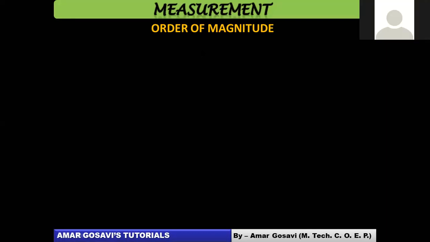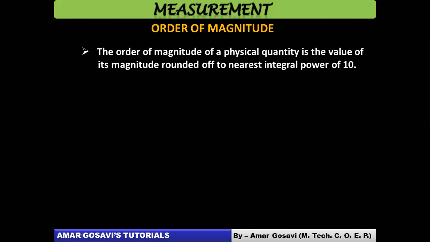So when I say order of magnitude, it means it's the value basically. Order of magnitude of a physical quantity is the value of its magnitude, which is rounded off to the nearest integral power of 10. Now, looking at the statement, it really becomes tricky for us to actually depict how to calculate order of magnitude.